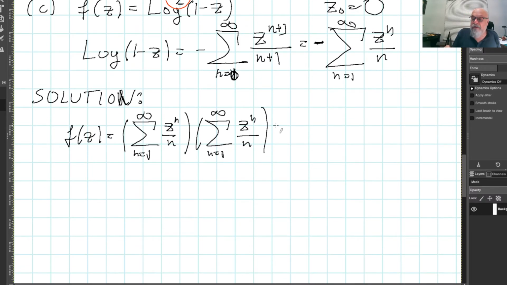To show what kind of situation we are getting here, we start with z plus z^2 over 2 plus z^3 over 3 plus z^4 over 4, etc.